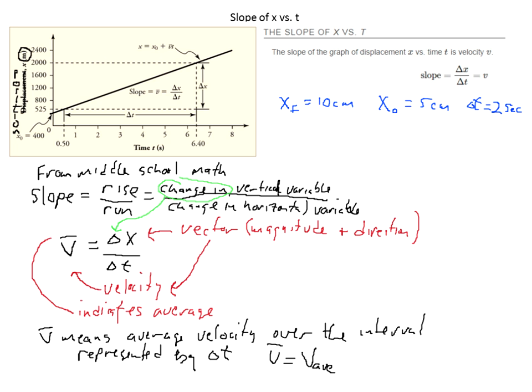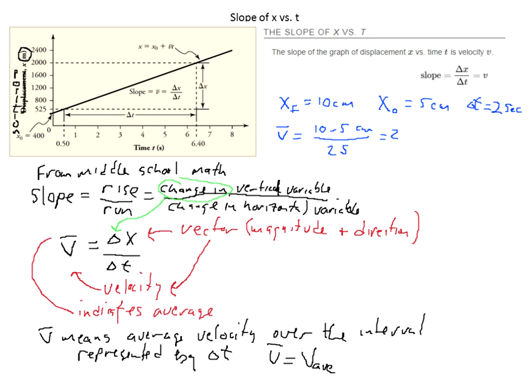I wrote out the word seconds because my S looks a lot like a 5, so you might think, what, 25 what? So in this case, and this is obviously a super easy math problem, it's going to be 10 minus 5 centimeters over 2 seconds.